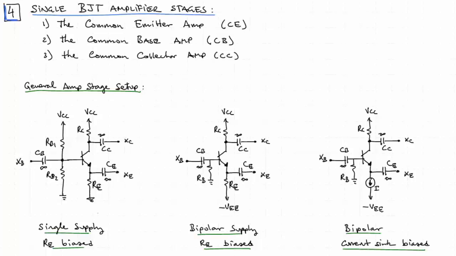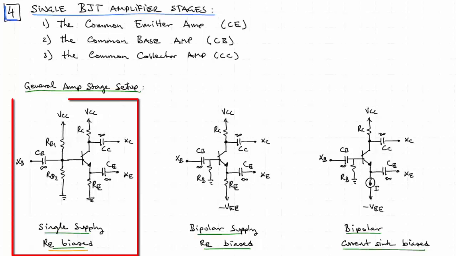On the left here we have a purely resistive biased amplifier stage. Through negative feedback, we've seen this in the biasing section of these lessons, RE can be used to stabilize the current and desensitize the DC operating point from beta, the forward current gain of the transistor.